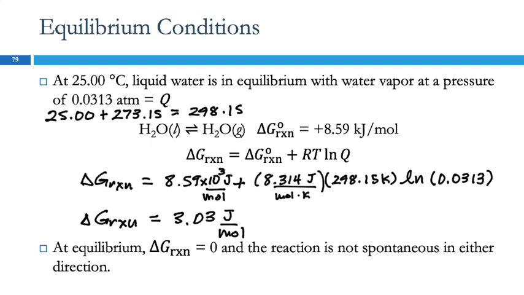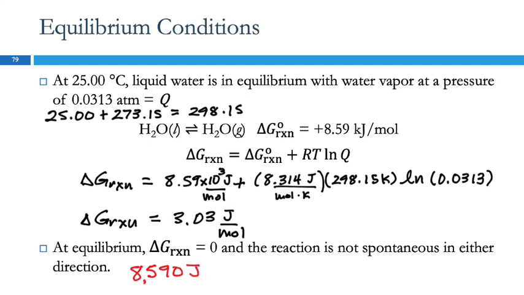Is anyone bothered that it didn't come out to be 0? It's supposed to be 0. Sig figs. So here we've got 8,590 joules, right?